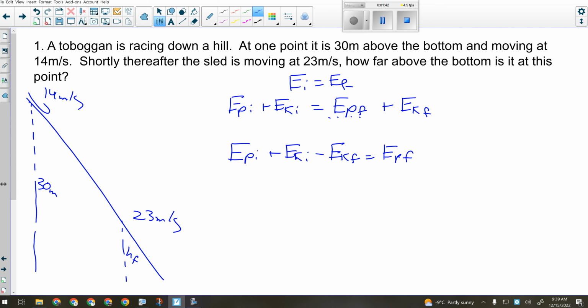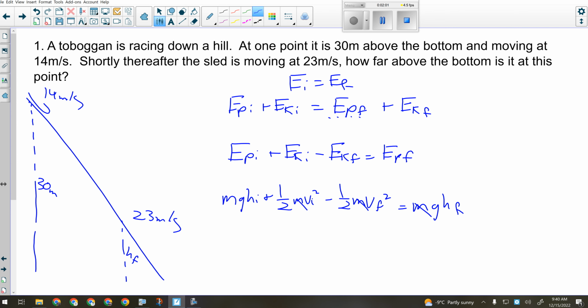Now I'm going to plug in the formulas, so I'm going to have M times G times H initial plus 1/2 M V initial squared minus 1/2 M V final squared equals M times G times H final.